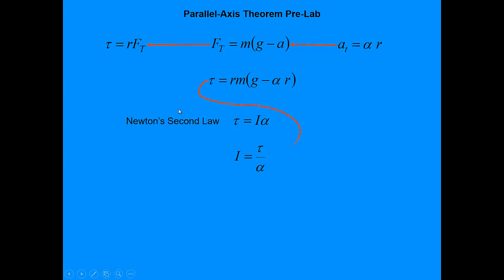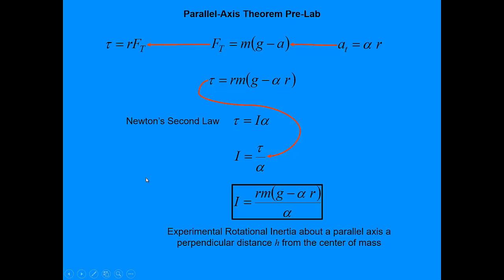But here's how we calculate the torque. Plug it all in, and we get the same equation we've used in the last few labs for calculating the experimental rotational inertia about whatever axis you screw into the rotary motion sensor, whatever distance h.